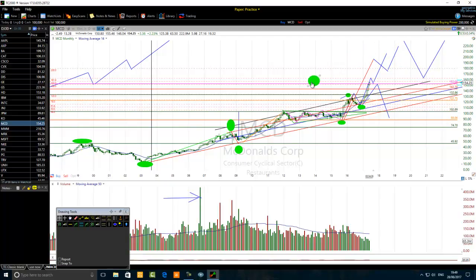So instead of having our third wave ending here, we know now that this will be the first minor wave of the third wave, the second minor wave of the third wave, and the extension, what we were calling the fifth wave here, will be called the third minor wave of the real third wave, followed by the fourth minor wave of the real third wave and the fifth minor wave of the real third wave. And then we can talk about the real fourth wave, followed by the real fifth wave.